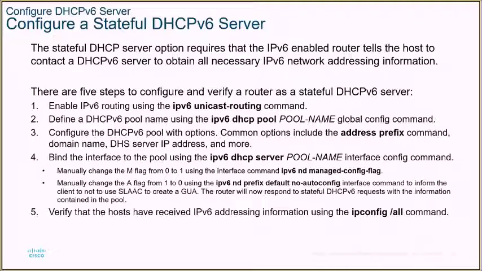Bind the interface to the pool using the DHCP pool name command. Of course, you need to make sure the M flag is set to 1. And you can do the IPv6 ND prefix default no autoconfig command to inform the client not to use SLAAC. Verify the hosts have received IPv6 addressing again. So that's pretty much the job.